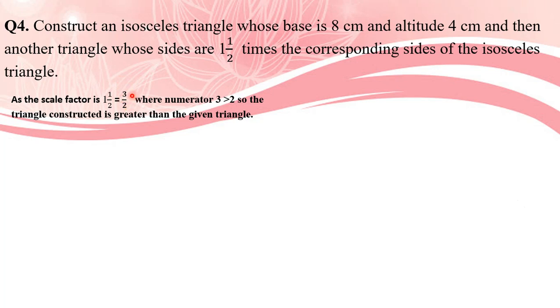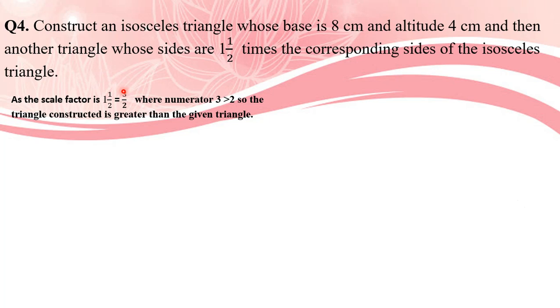The important point to remember is that when the numerator is greater than the denominator, the new triangle is greater than the given triangle, and when the numerator is less than the denominator, the new constructed triangle is smaller than the given triangle. You have to remember this point.